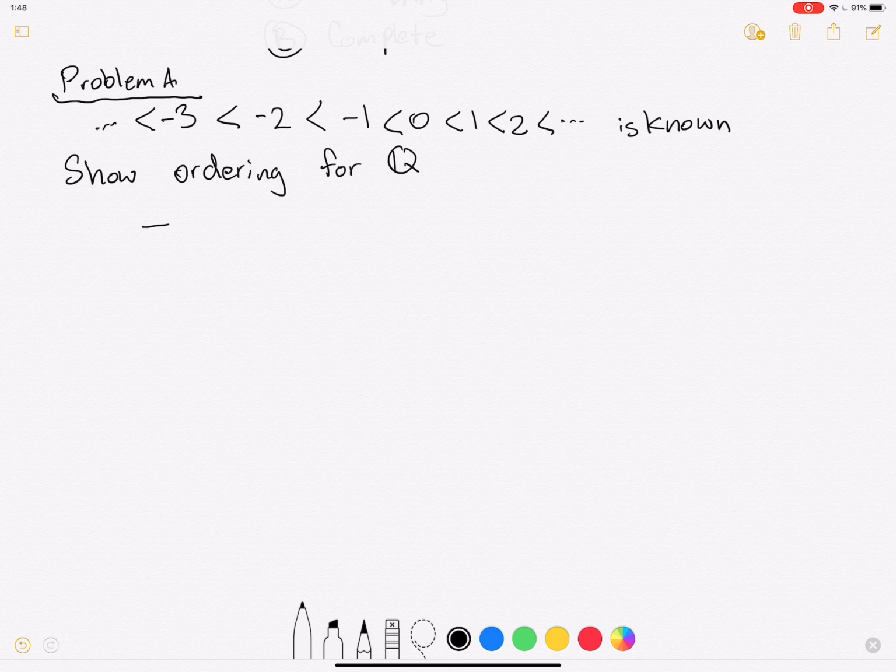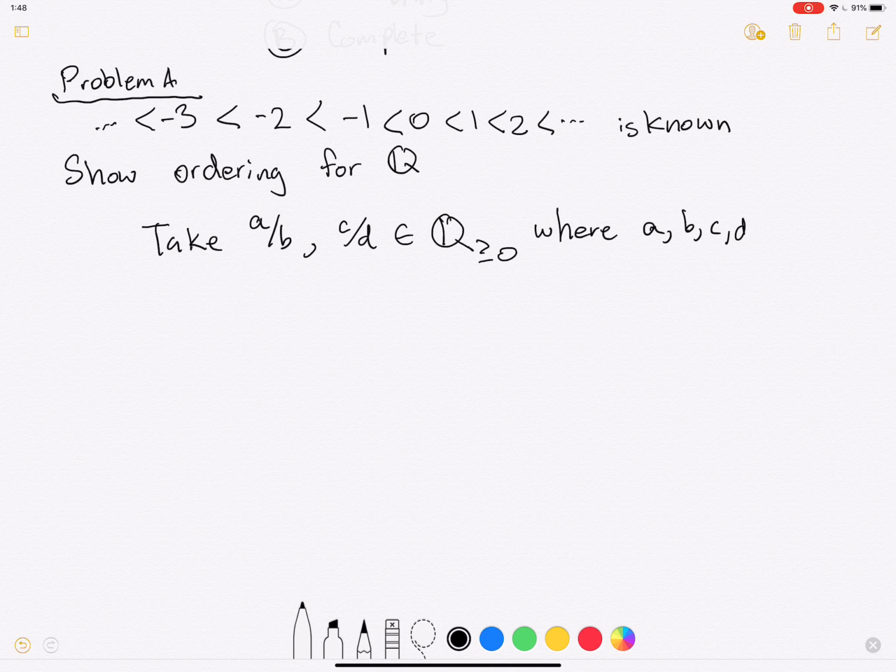Take two rational numbers a over b and c over d in the non-negative rational numbers, where a, b, c, and d are greater than or equal to 0, and b and d are not 0.